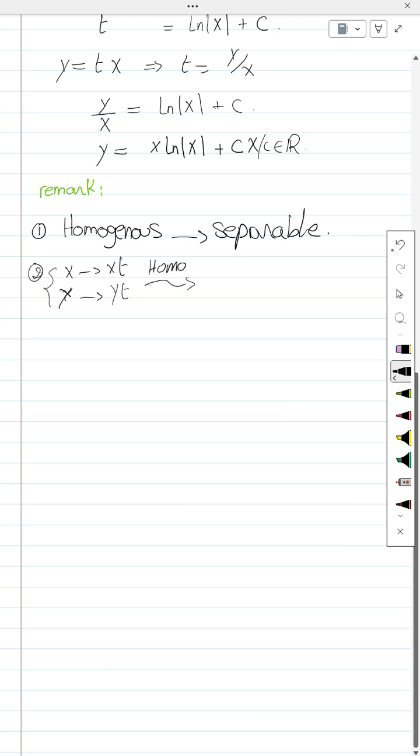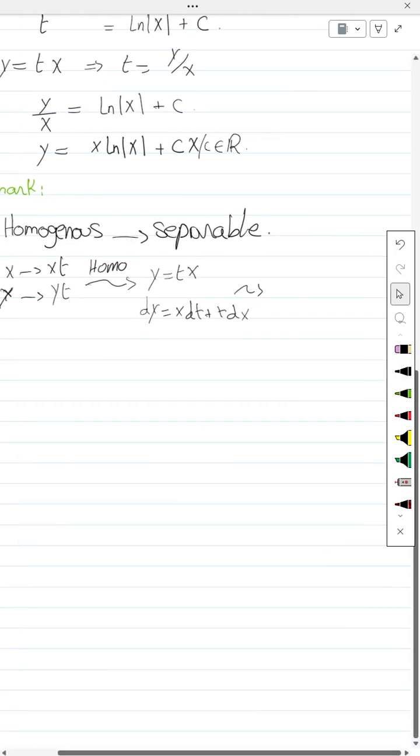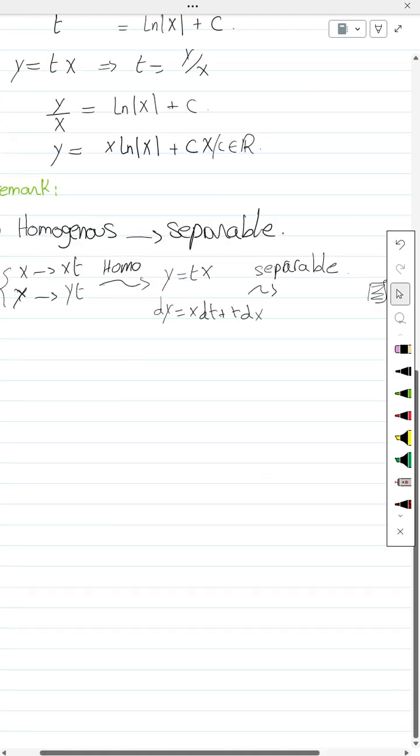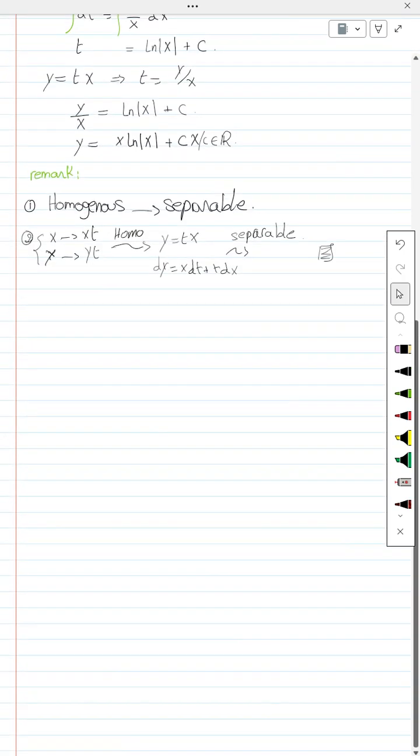Then by replacing y is equal to tx and dy, as I told you, x dt plus t dx, it's going to be a separable. After all that, we are solving a separable differential equation. And let's see another example, which is example number 2.